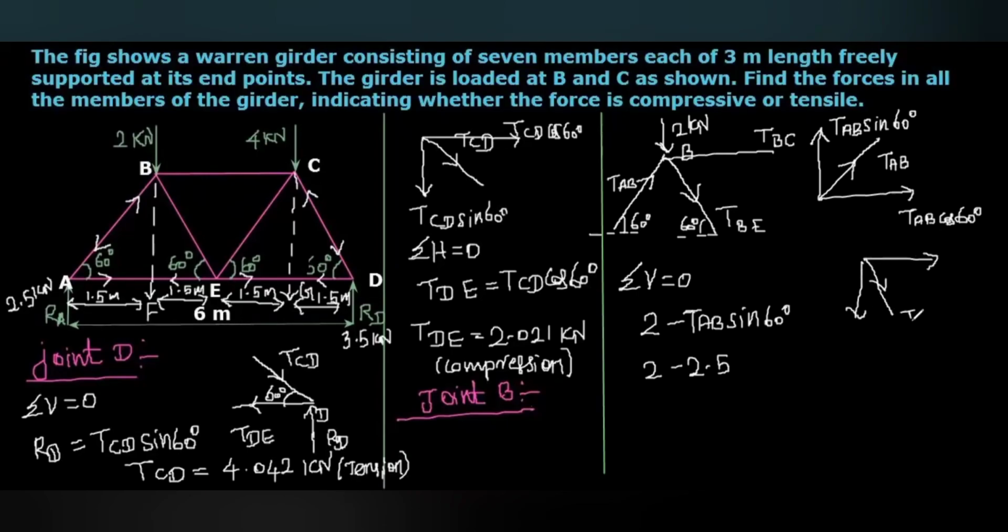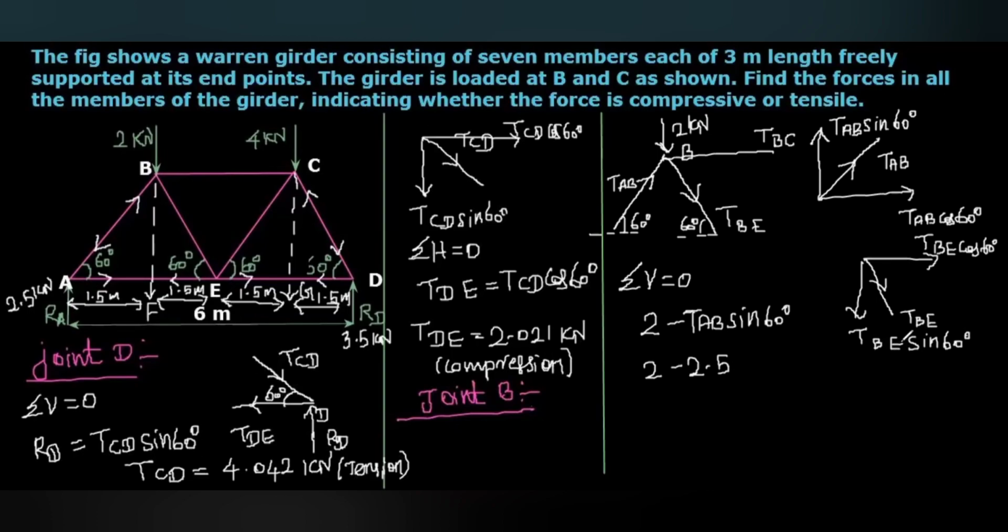This will be TBE cos 60 degree, and the vertical downward component will be TBE sin 60 degree. So here this is 2, the downward force, minus TAB sin 60 degree, it is an upward force.